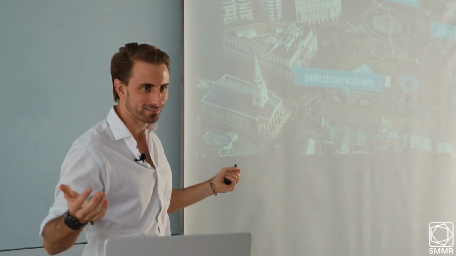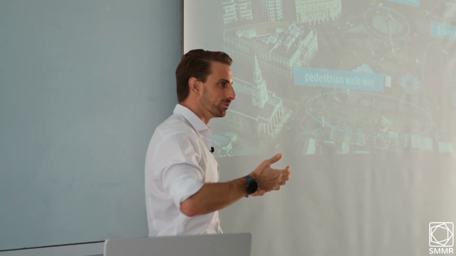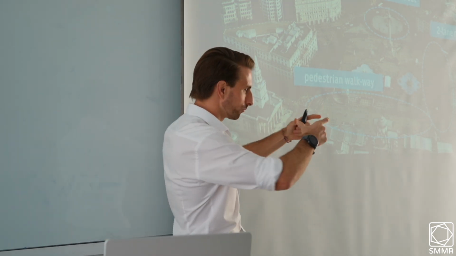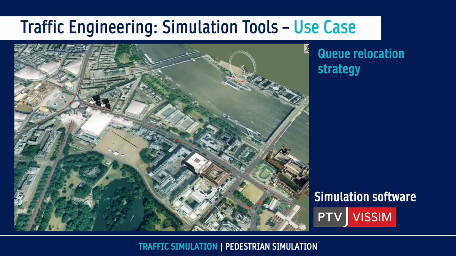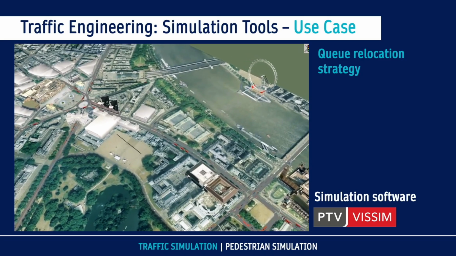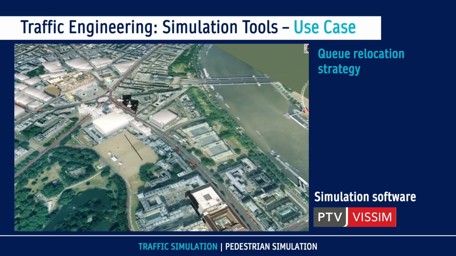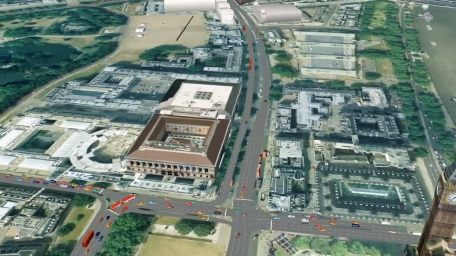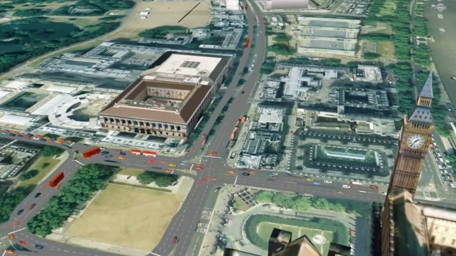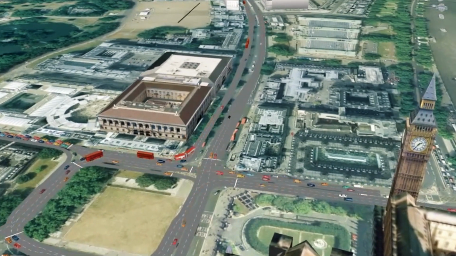So how did they do that? How do you reduce the amount of road space without causing a lot of congestion? For that, they had to test a lot of different options, and to prove that the option they chose worked, this small roundabout, they developed a simulation.